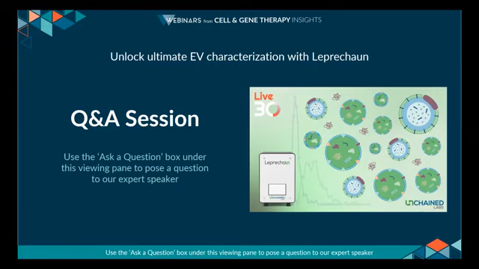Thank you so much. Our next question is, how does the number of events/particles you analyze per run compare to other techniques? Yeah, really interesting point. So each, as you said, the Luni is covered with antibody capture spots, and each of these capture spots can hold a maximum of 4,000 particles.